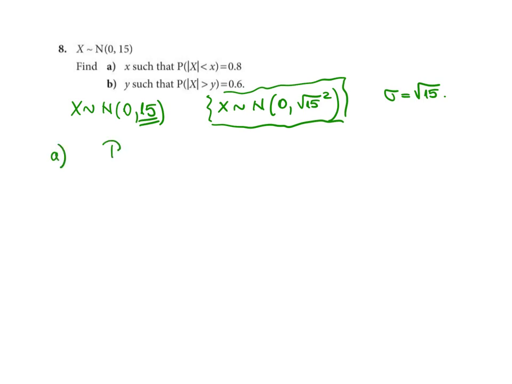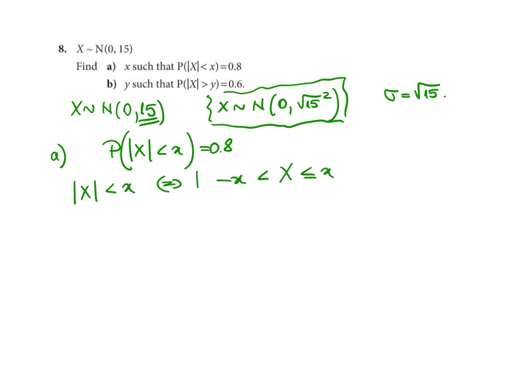Question A. Find h such that the probability of the absolute value of X smaller than h is 0.8. From pure math, remember that this inequality can be written as negative h smaller than X smaller or equal than h. So the probability of X being in between minus h and h needs to be 0.8.